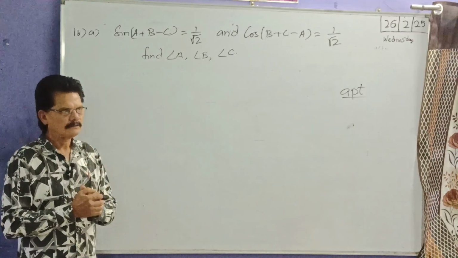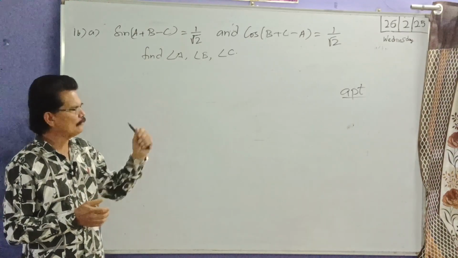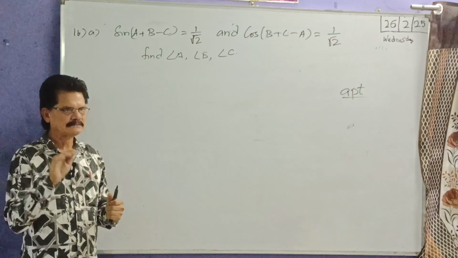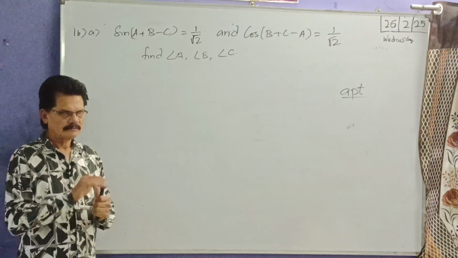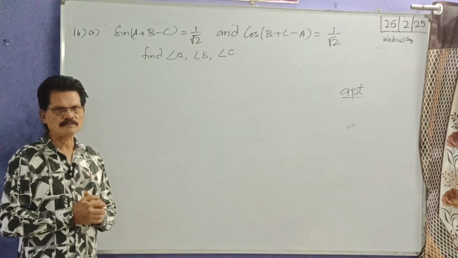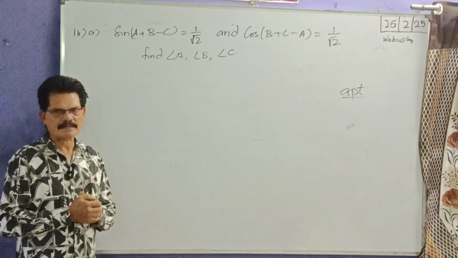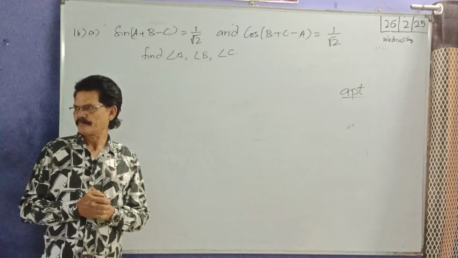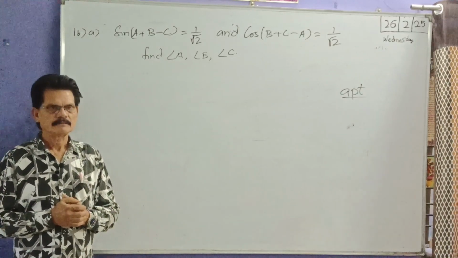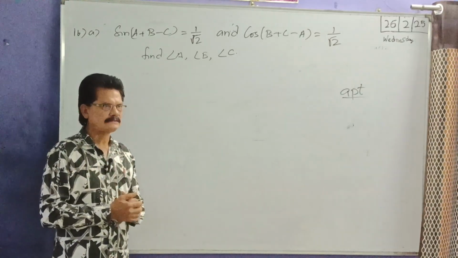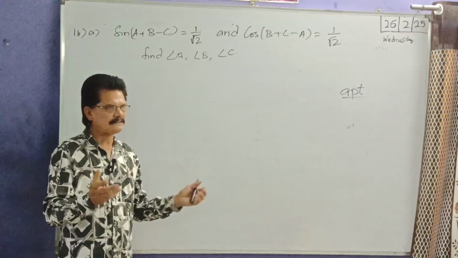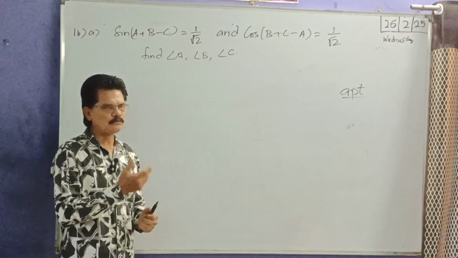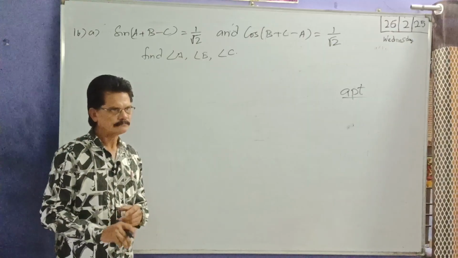If we have three unknowns, then what? Anyone in the class? What is the answer? We have to have three conditions. But you can see only two conditions are there here.